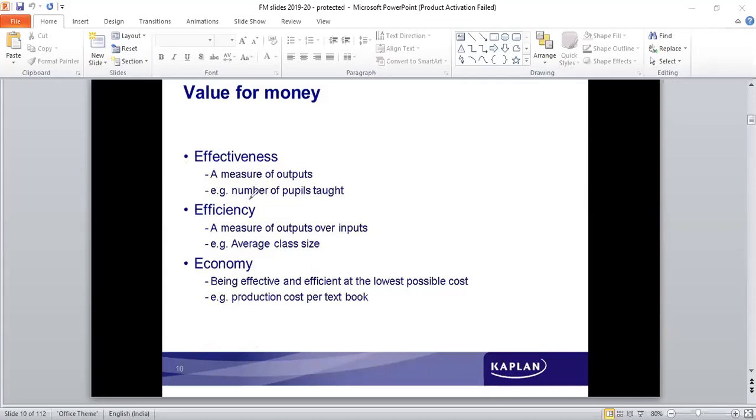Okay, so number of pupils taught. If teaching them is the objective, number of pupils taught. So the economy is in terms of the amount which is spent on these students. When they are spending the cost, there are various things for which the amounts would be spent, like purchasing textbooks and various other resources and material, and that should be done at minimum cost, not compromising on the quality.